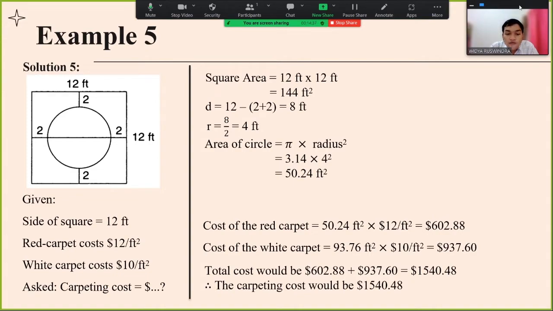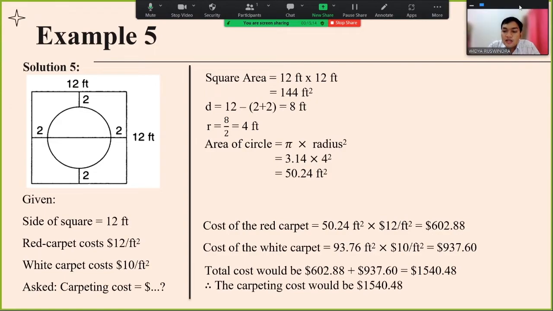So the cost of the red carpet equals 50.24 square feet times $12 per square foot, which equals $602.88, and the cost of the white carpet equals 93.76 square feet times $10 per square foot.